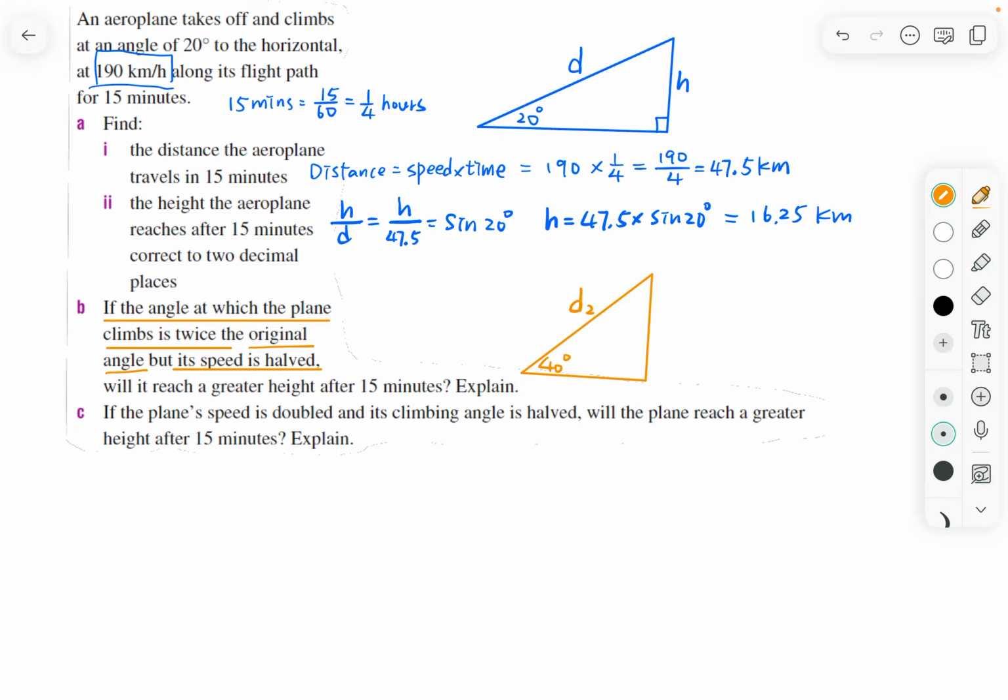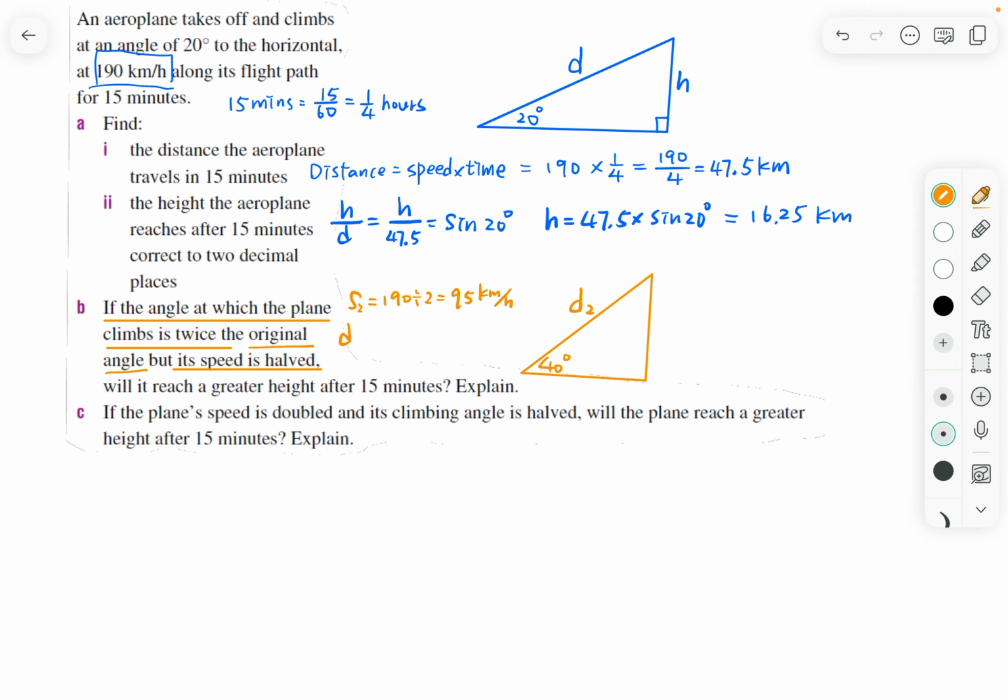Because now the speed, suppose speed is S2. Speed become half will be 190 divided by 2 equal to 95 kilometers per hour. But the time is still the same.